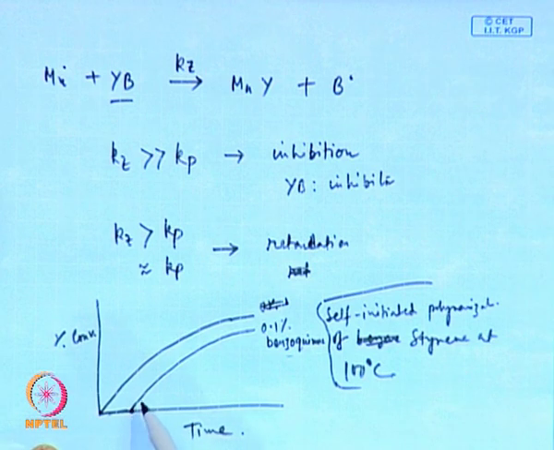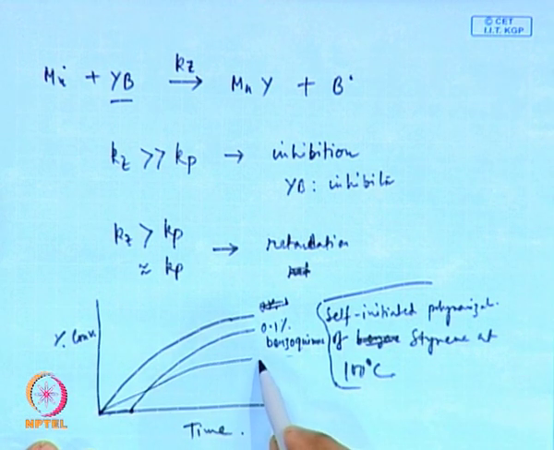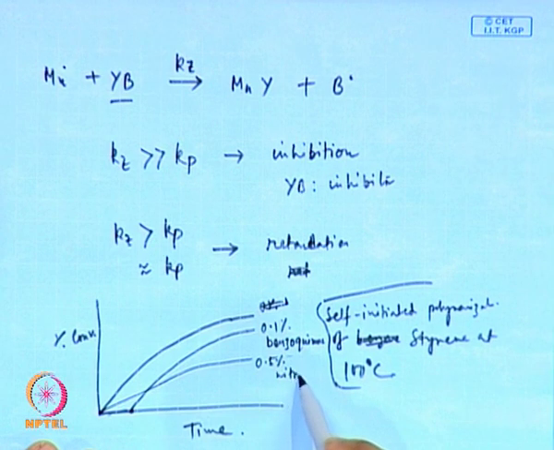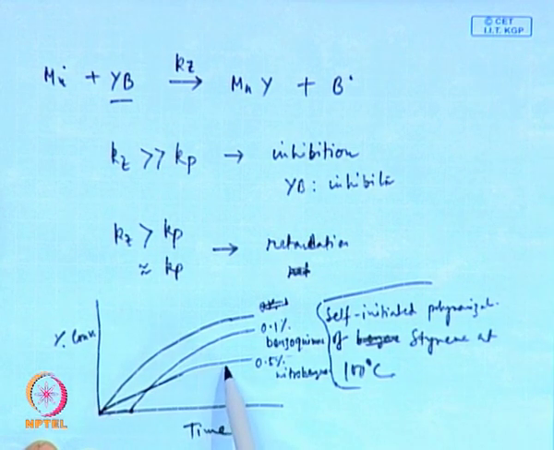Now, there is a third possibility like this: 0.5% nitrobenzene. In this case, the reaction starts from the beginning, but with a much smaller rate. So, it is an example of retardation. There could be a fourth possibility, which is a combination of inhibition and retardation, something like this.